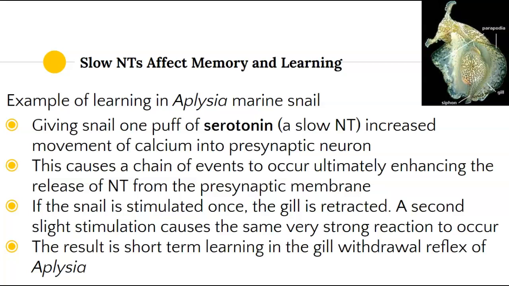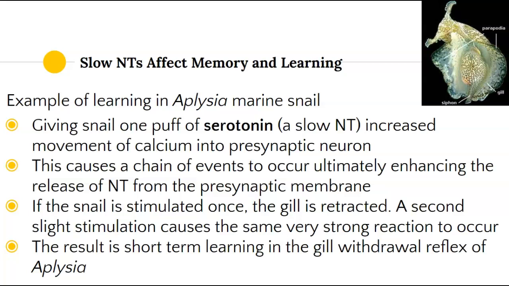Serotonin is a slow neurotransmitter, and so what scientists did was they gave snails a puff of serotonin. They basically just exposed them to serotonin, and they saw that they had an increase of calcium into the presynaptic neuron. Remember that calcium is needed to send the vesicles of neurotransmitters to the next neuron, right?